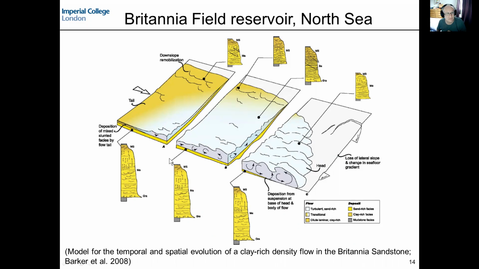And that's referred to as a slurry flow in this particular case. The key thing is that behavior changes both spatially as we move laterally within the deposits of that flow, and it also changes through time as the flow moves over the bed, typically over the space of a few hours, for example.